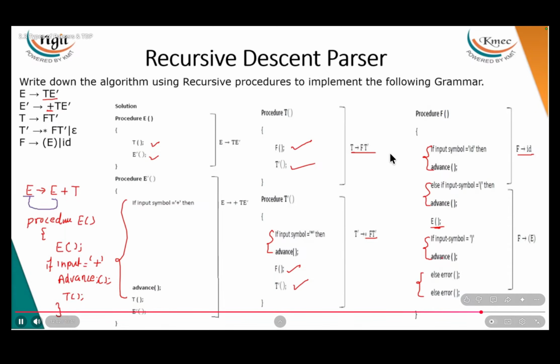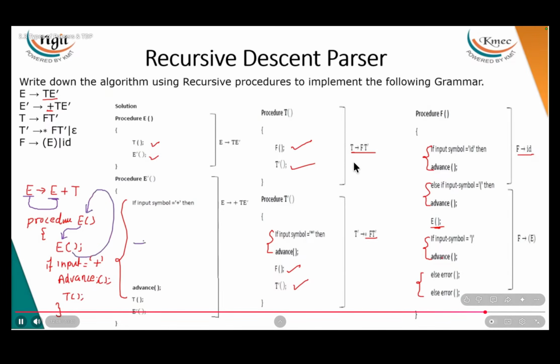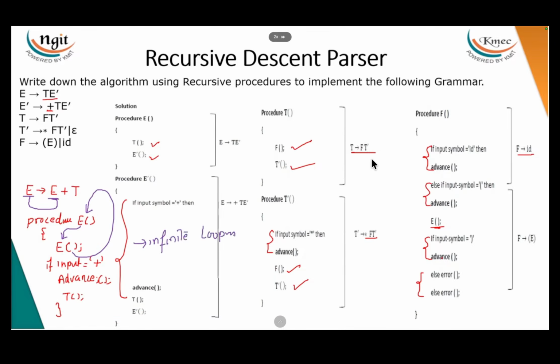See, E and E. First we are calling E, then again we are calling E, E. Again that will enter into infinite looping. So both backtracking and recursive descent parsers are in danger of falling into infinite looping for left recursive grammars.